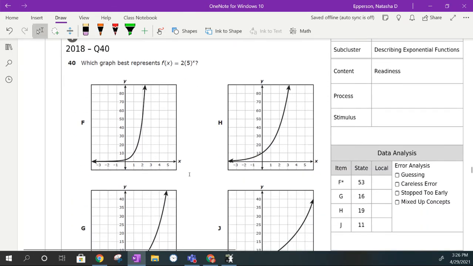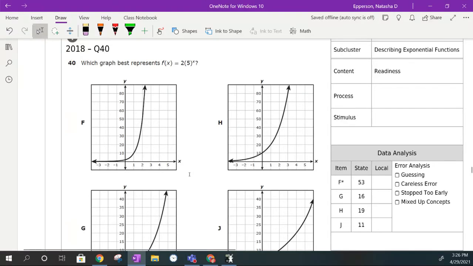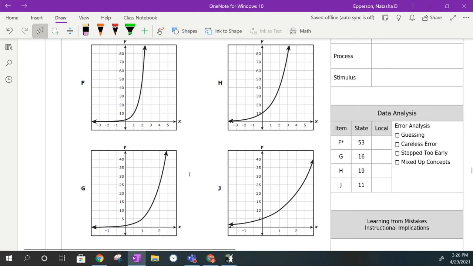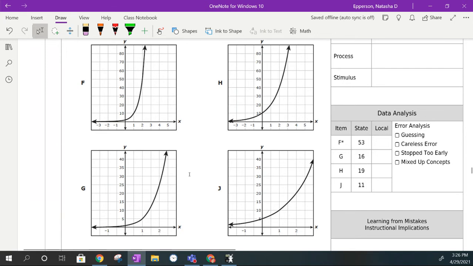We're going to handle this one the same way that we did. We know that we're going to have growth on this one. All of these answer choices have growth. This is going to be an interesting one. Okay, so this one I can't really eliminate it by looking at our y-intercept. So we've got some nice points. We've got this point 1, 10. We've got this point 1, 5.